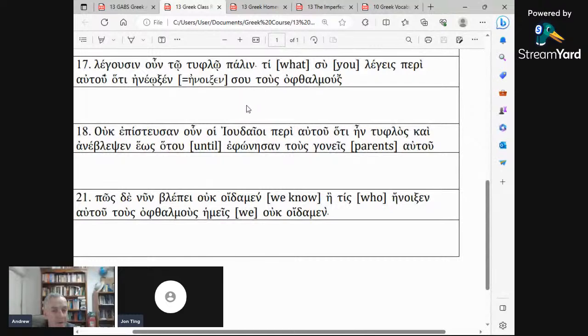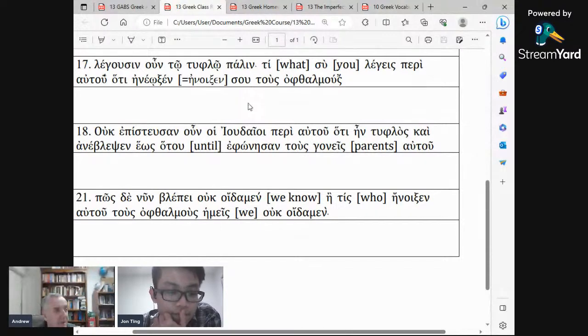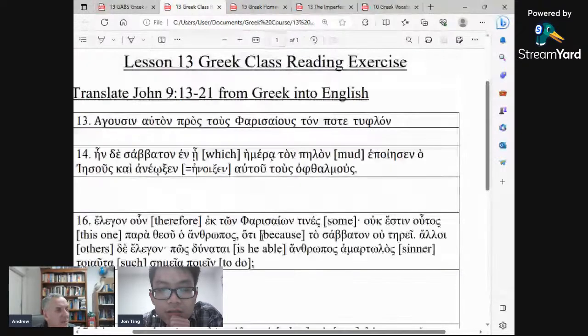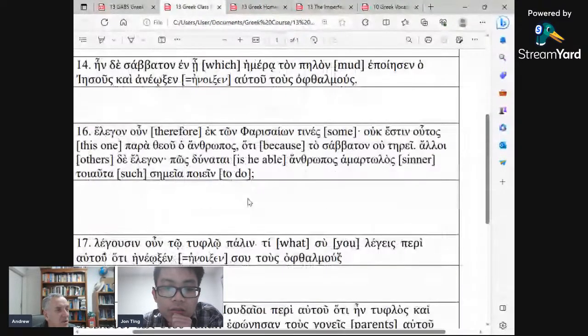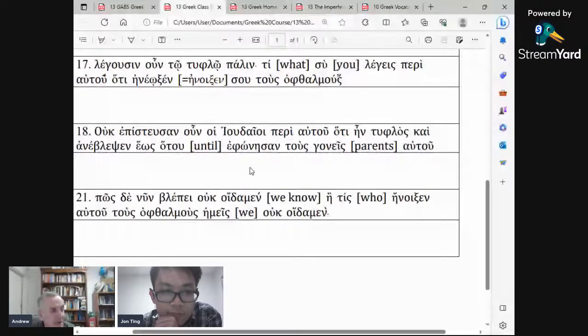Hoti means because or that. Sometimes it is used to introduce a spoken sentence, almost like inverted commas or quote marks in English. But here, in verse 17, it either means because or that.